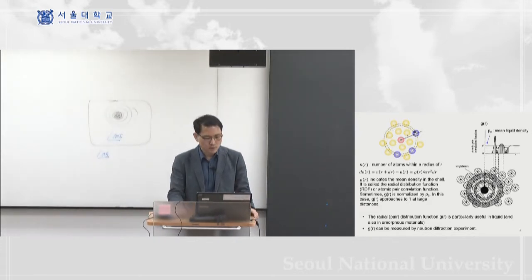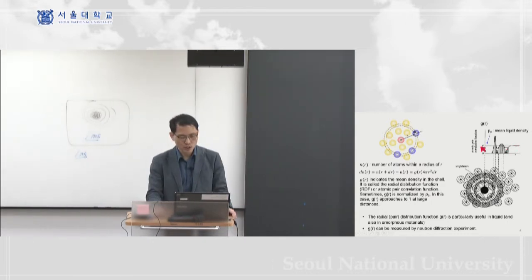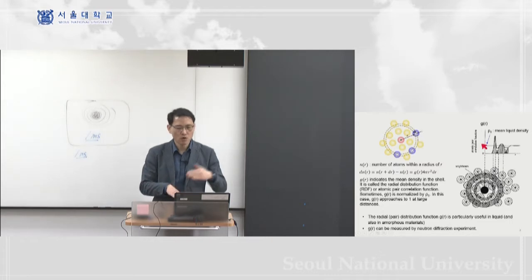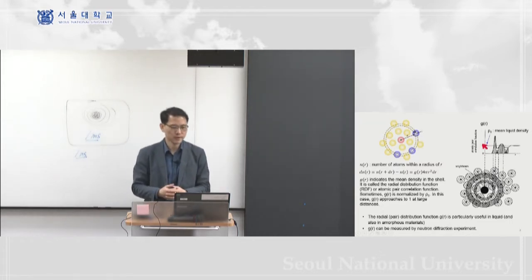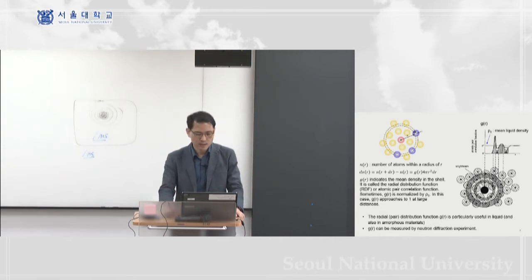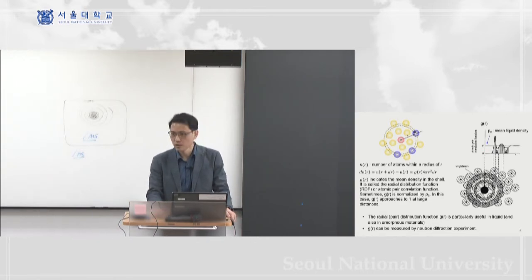By normalizing g(r) with rho 0, g(r) converges to 1, and g(r) has the meaning of how big or small the density is at a certain location. This region has higher density than the average density, and this region has lower density.